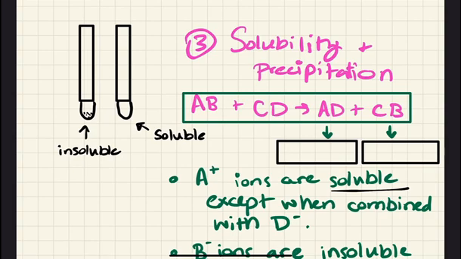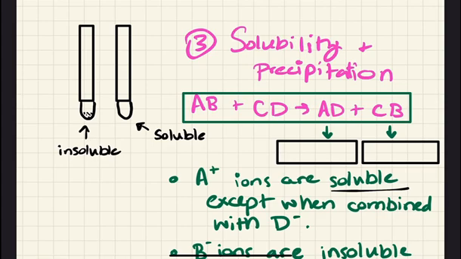A precipitate could look like your solution has become cloudy. It could look like you actually see solid particles, but both are valid observations that a precipitate has formed. If it remains clear, you would say that there's no precipitate, and therefore whatever was formed must be soluble in water.